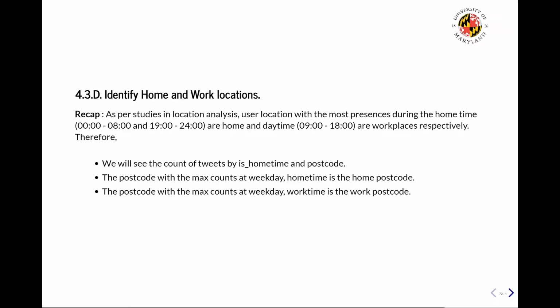We will further be using postcode as the level of detail for address. Now to use this inference, we need to find the max presences of the user at home time and the max presences of the user at the work time. And then the last step is to find out the count of tweets at the home time and the postcode and then draw the conclusion.